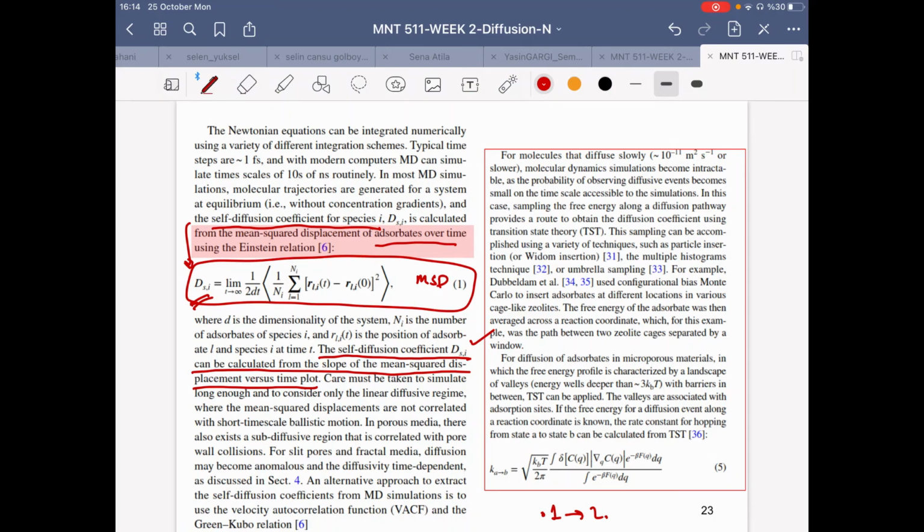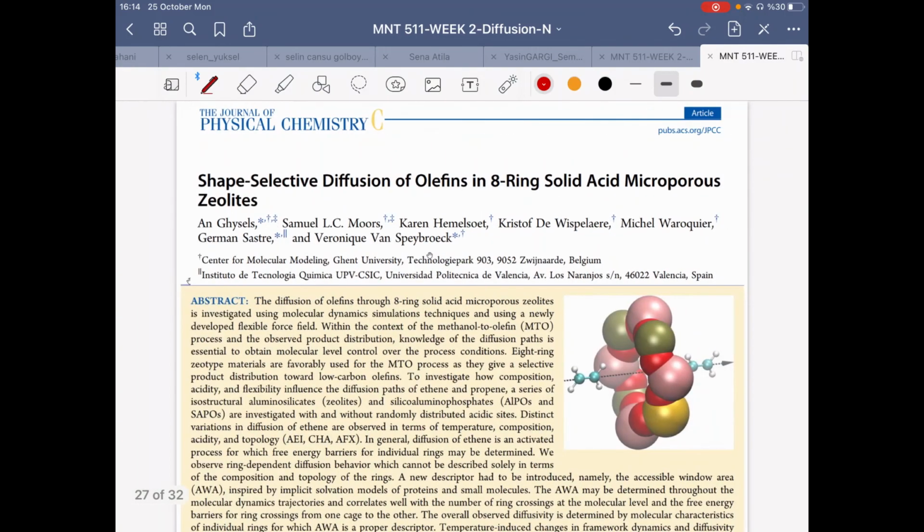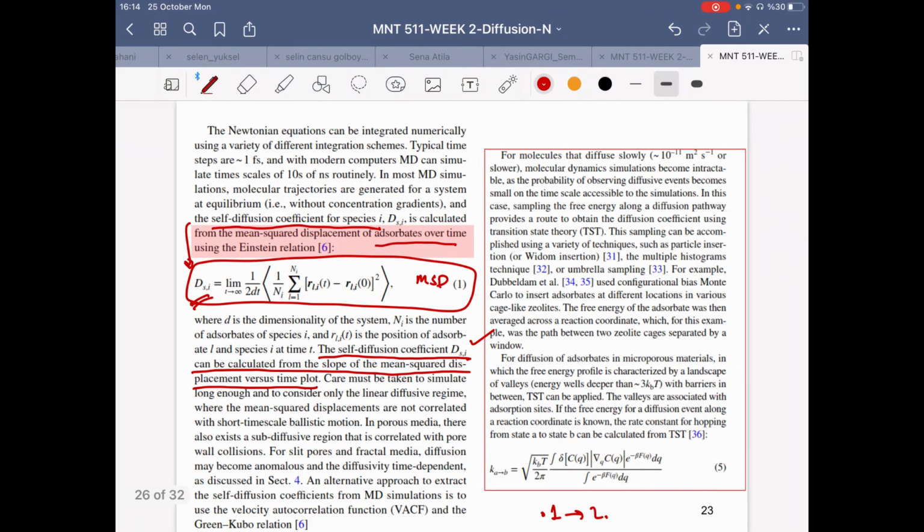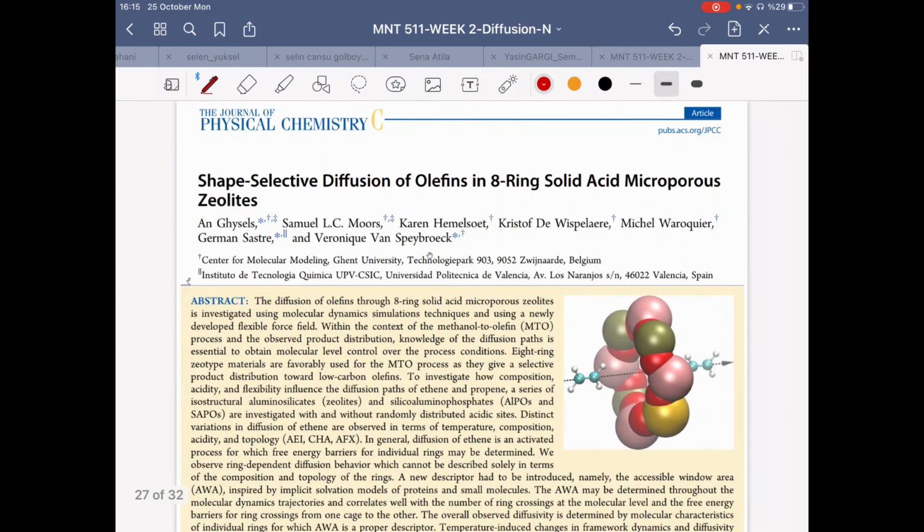In porous media, there also exists a subdiffusive region and all these different regions that we're not going to go into in detail. But what was summarized in this review paper, which I'm going to go through in our live session next week, was actually used in another paper that we already talked about in our live session last week, on the shape selective diffusion of olefins in 8-ring solid acid microporous solids.